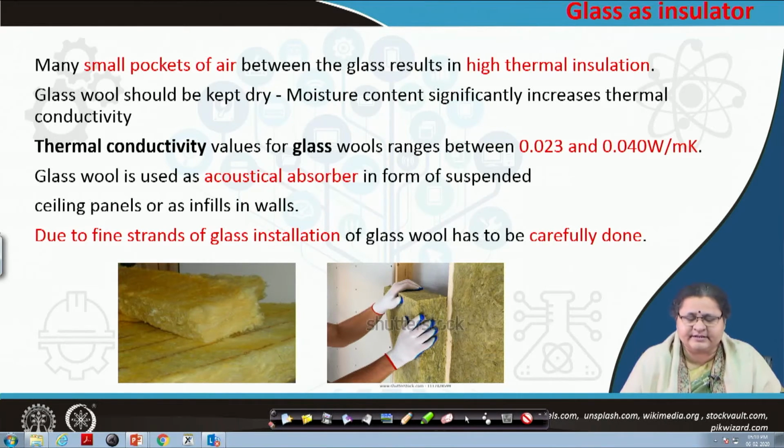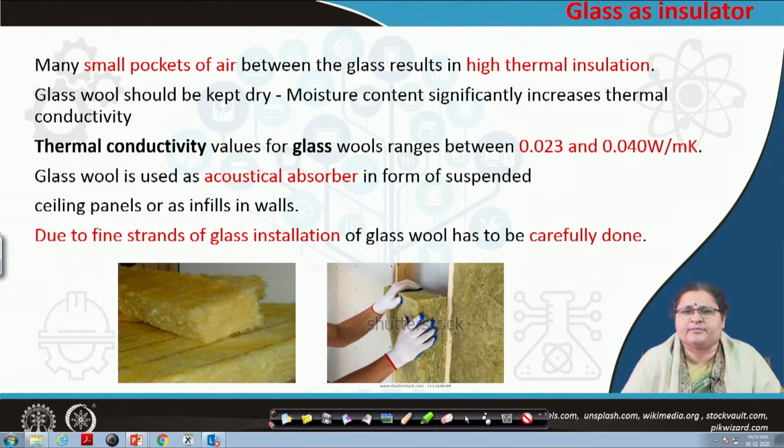And you can see here the values. Thermal conductivity value of glass wool is of the order of 0.023 to 0.04 watt per meter Kelvin. These can be used for acoustical absorbers also in the form of infills in walls or ceilings. However, if you see the person who is installing, his hands are covered with gloves.